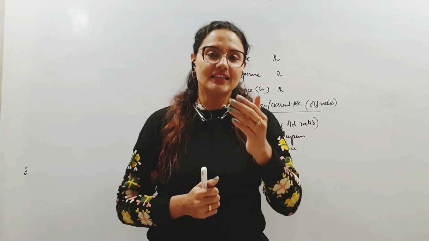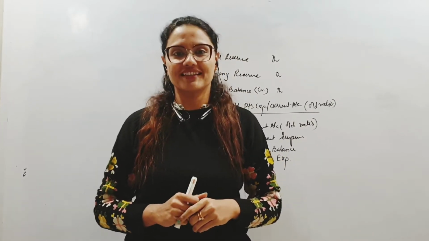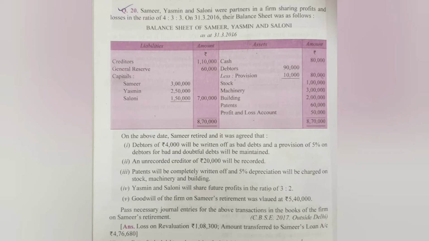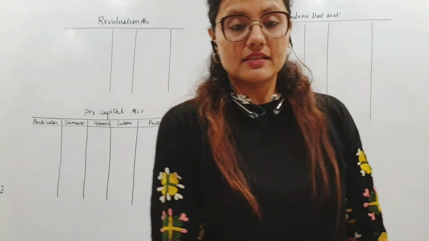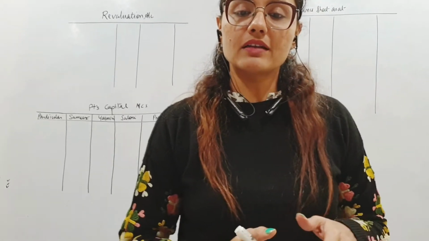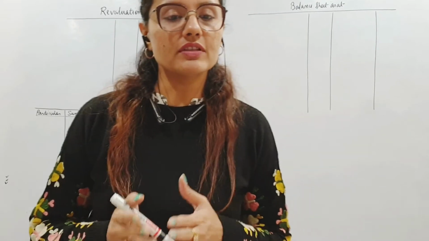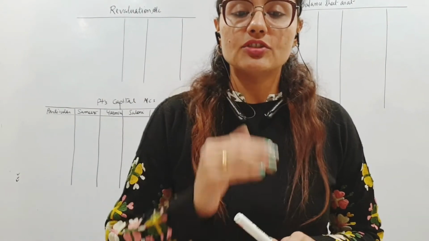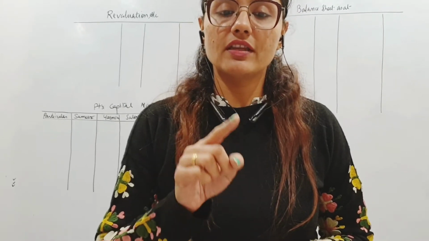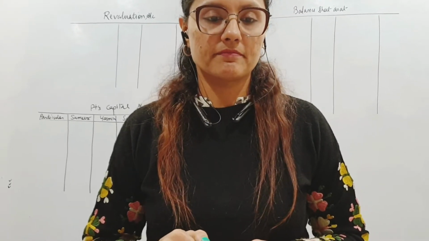Okay, so get ready, look at the sum and then we start solving it. Right. So you had a look at the sum? Now the sum says, Samir, Yasmin and Saloni were partners in a firm sharing profits and losses in the ratio of 4:3:3. The balance sheet is as follows on 31/3/2016.